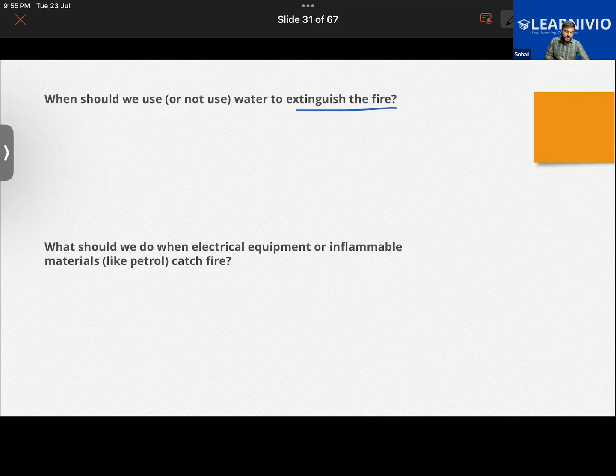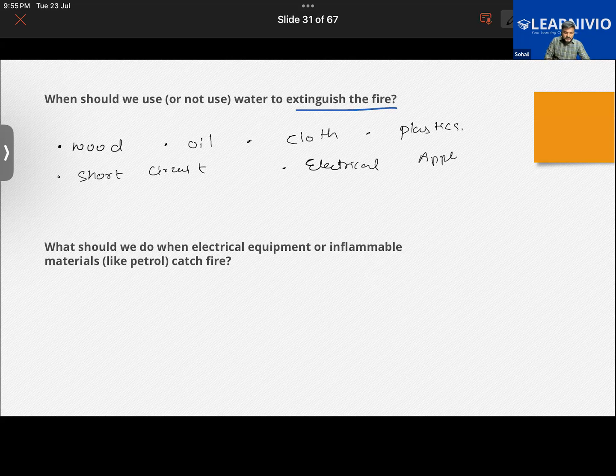Let me write it down: oil, wood, cloth, plastics, short circuit, and electrical appliances on fire. Yeah, now it is completed.